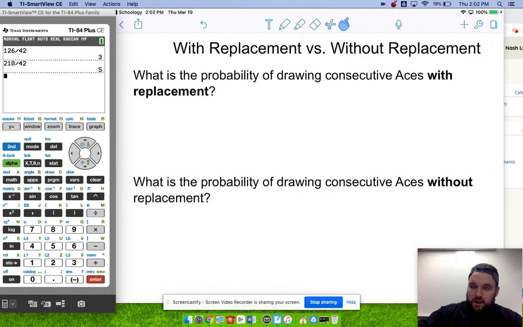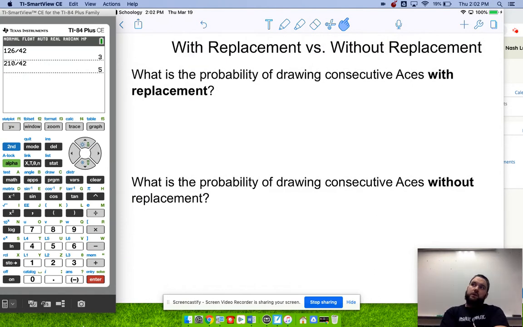A big piece that you're going to see in any sort of probability assessment or exam, whether it's in this course or ACT, PSAT, whatever, is the phrase with replacement versus without replacement. So, for example, what is the probability of drawing consecutive aces with replacement?